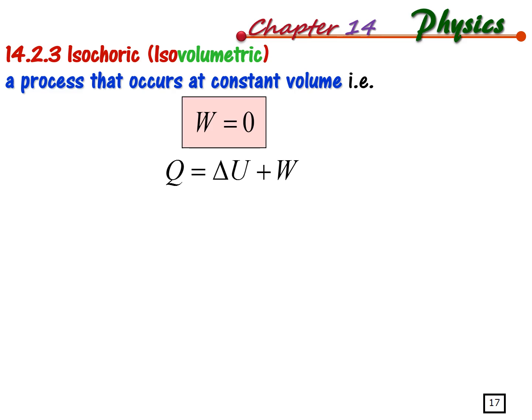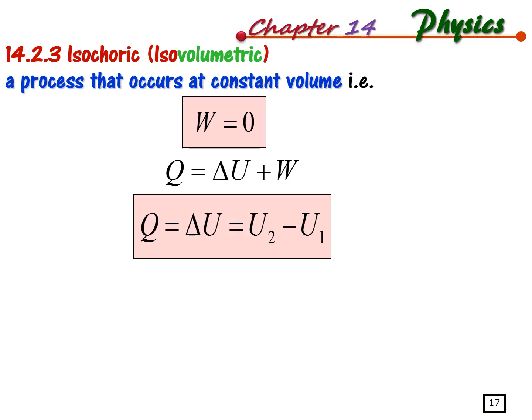So Q equals delta U plus W, the first law equation, can be written as Q equals delta U, where delta U is the final internal energy minus the initial internal energy.